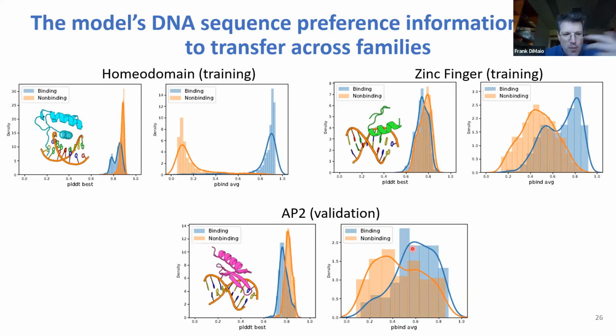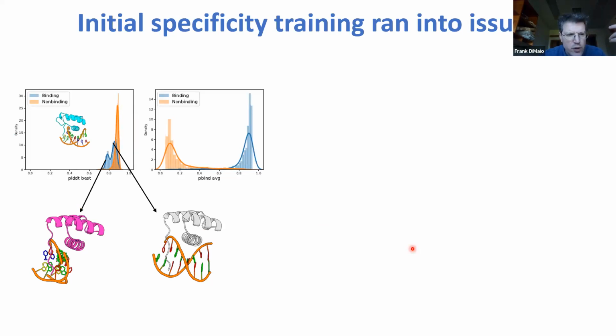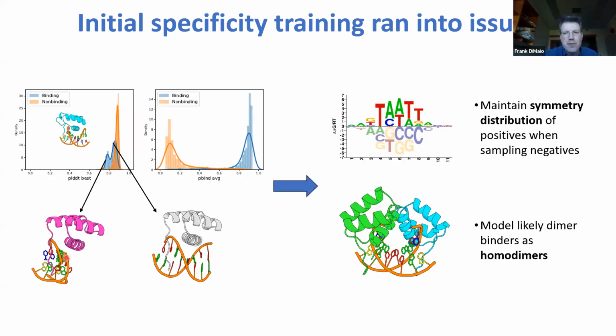That said, there were problems here also with dimers, and we noticed some really weird behavior where some structures, not a lot, were predicted with 2 binding sites on the DNA that just overlapped one another. This had to do with 2 things in this data set. First of all, this data set has a lot of things that aren't homodimers, but it's clear from the data that there are 2 copies of the protein interacting, and the highly enriched sequences have 2 copies of the protein interacting with them.